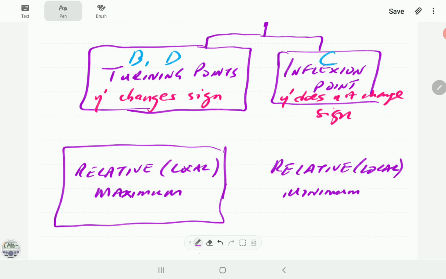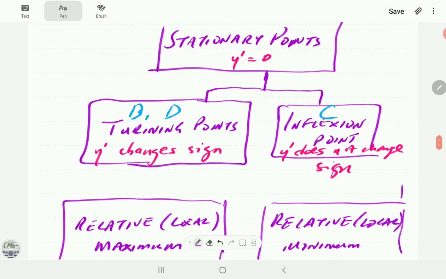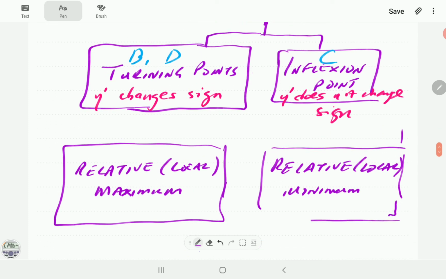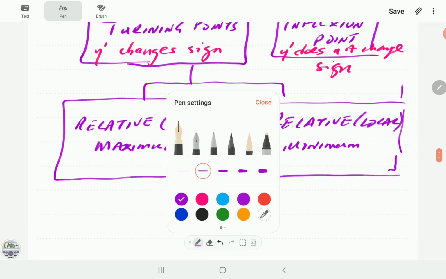So the turning point is called a relative maximum if the derivative changes from positive to negative.